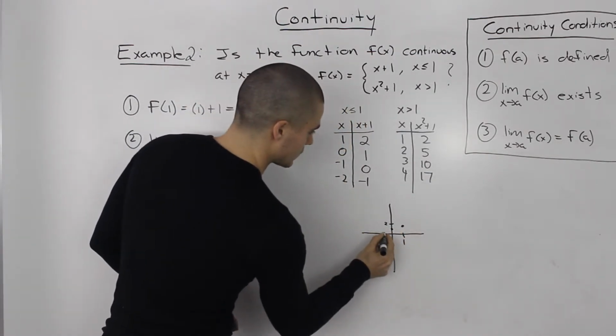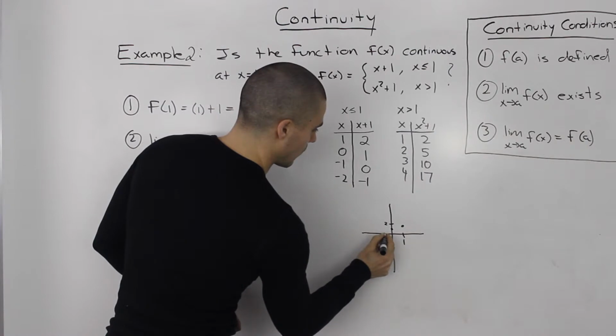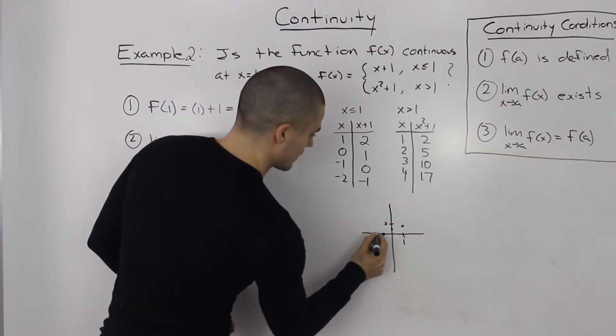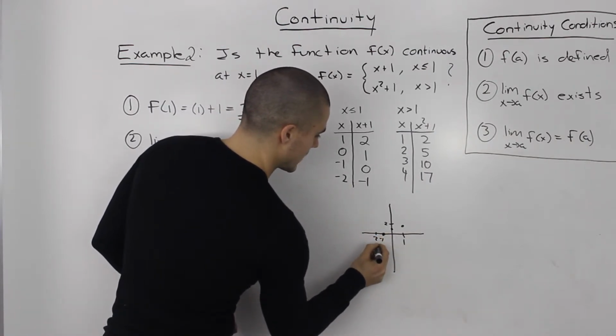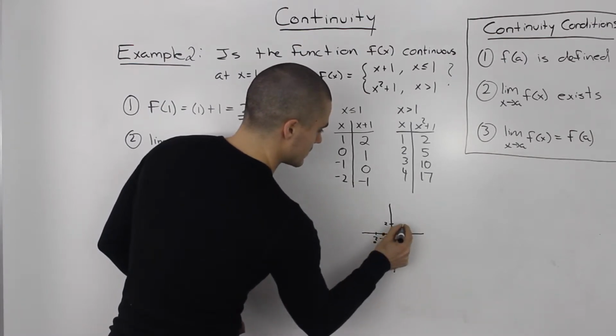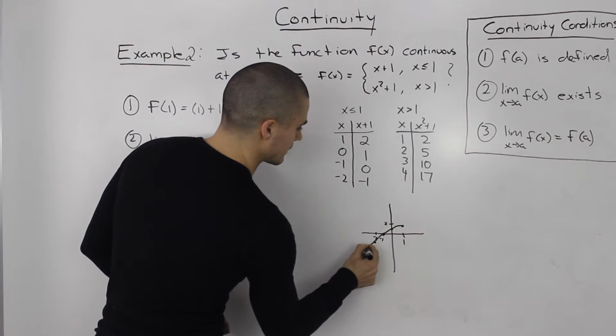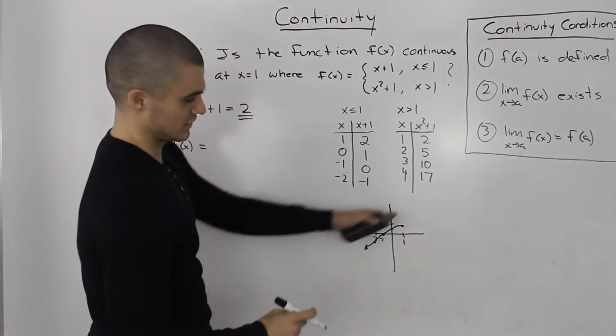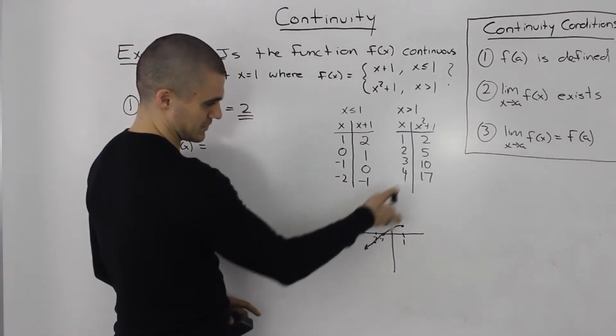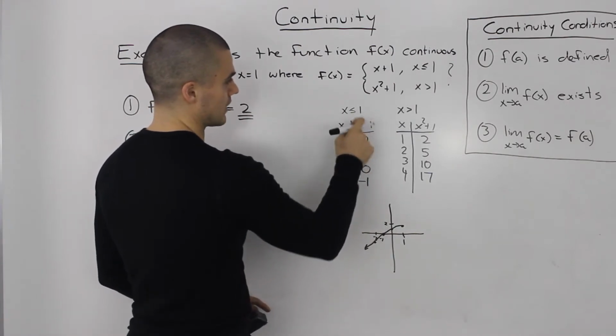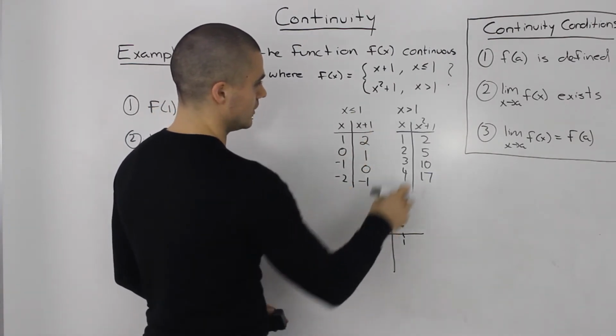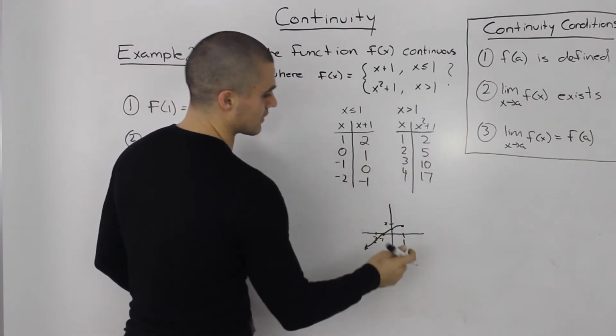Then at negative 1, we have a y value of 0. And then at negative 2, a y value of negative 1. So this would just be a line. It doesn't look like a line too much, sorry about that, but it's just a straight line, x plus 1.